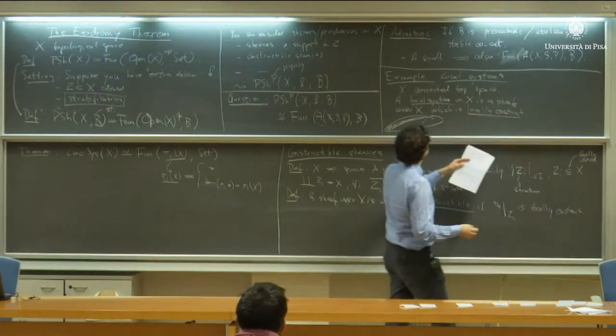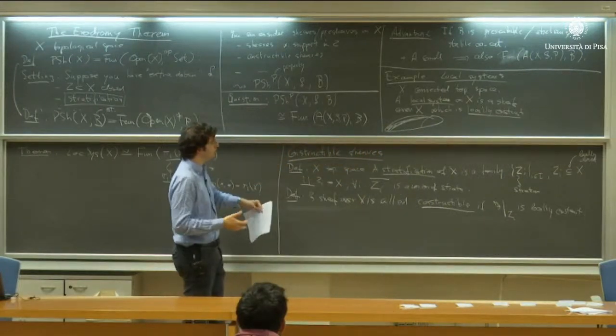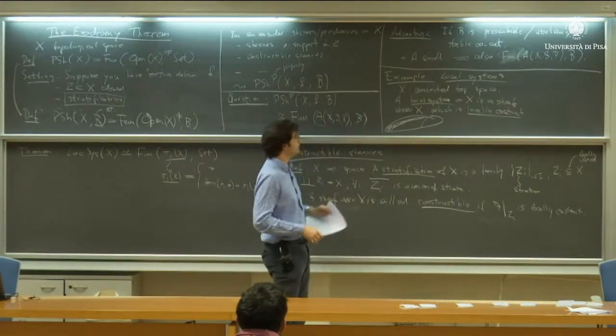The picture is a topological space partitioned in some smaller subsets. Take the trivial stratification with only one subset, which is the whole space, and you get the previous definition.